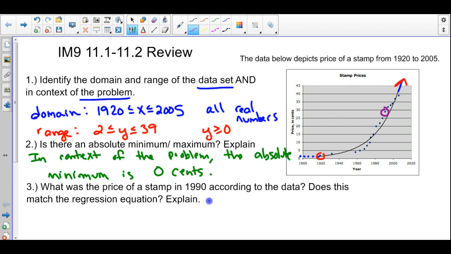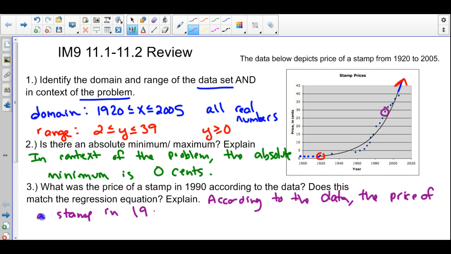So I'm going to say according to the data, the price of a stamp in 1990 was 29 cents.